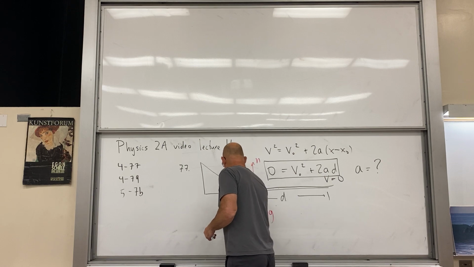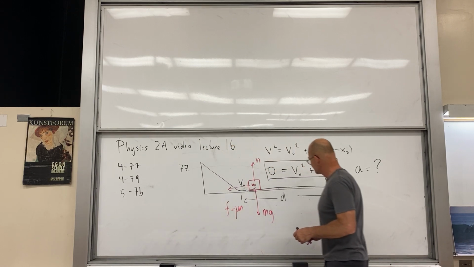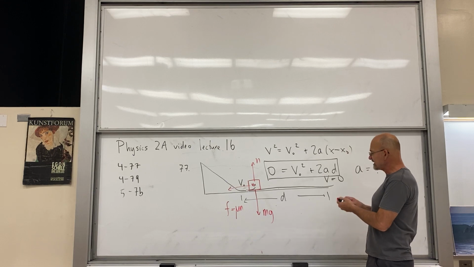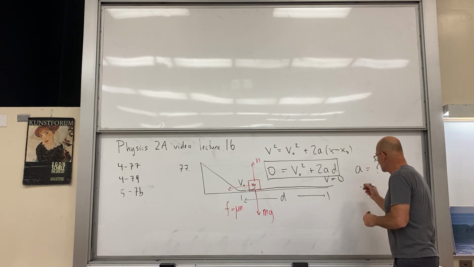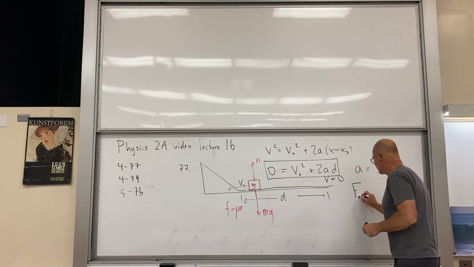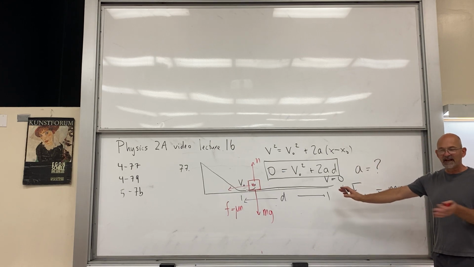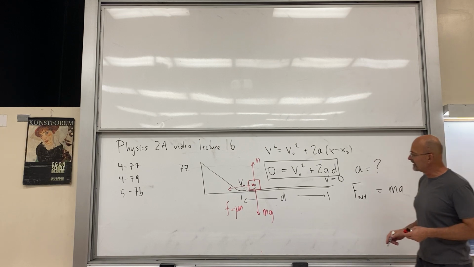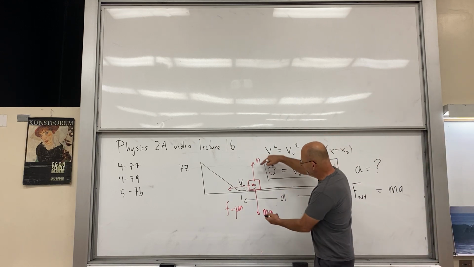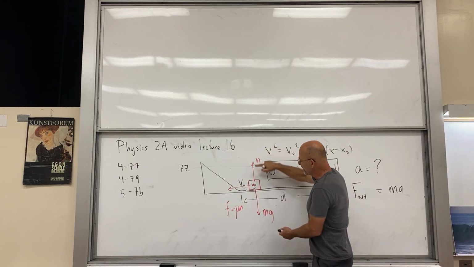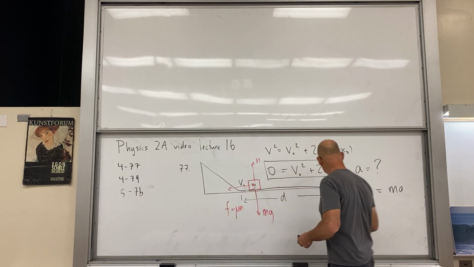And of course we know that friction force is mu times N. So if we write down Newton's law, F net equals M times A, which is always a good idea to do, we see the net force here. These two are going to cancel, so the net force is pointing to the left.